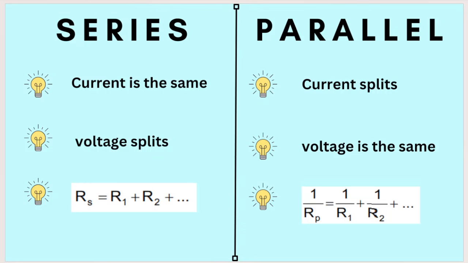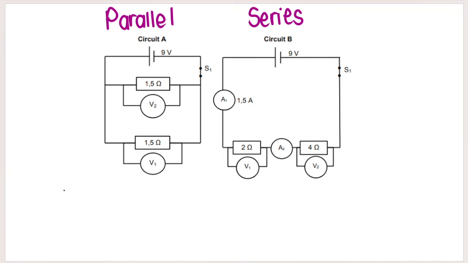If we take a look at these two circuits, this actually comes from a past paper. In circuit A, we've got two resistors connected in parallel. The voltmeter reading across the battery is 9 volts.